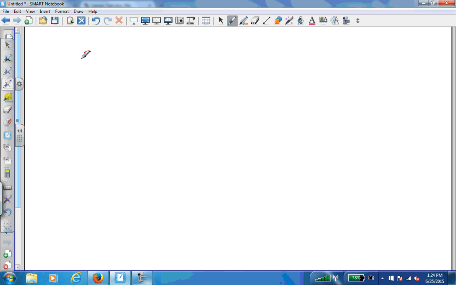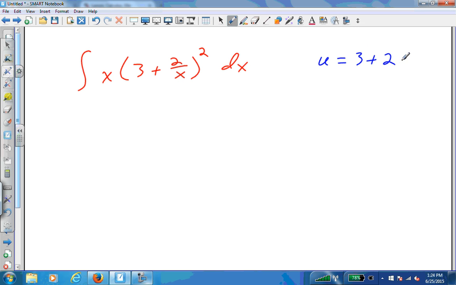Let's take a look at x times (3 plus 2 over x) squared dx. So if we just let what was in parentheses be u, u is basically 3 plus 2x to the negative 1 power. So if we try to find du, we get 0 minus 2x to the negative 2.